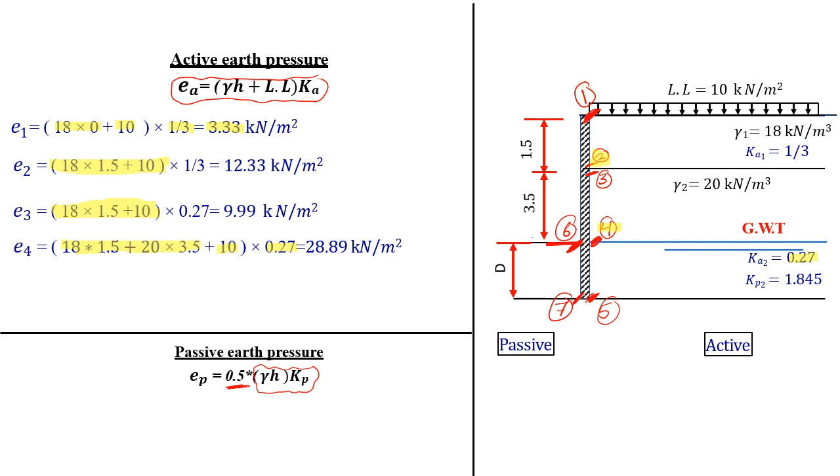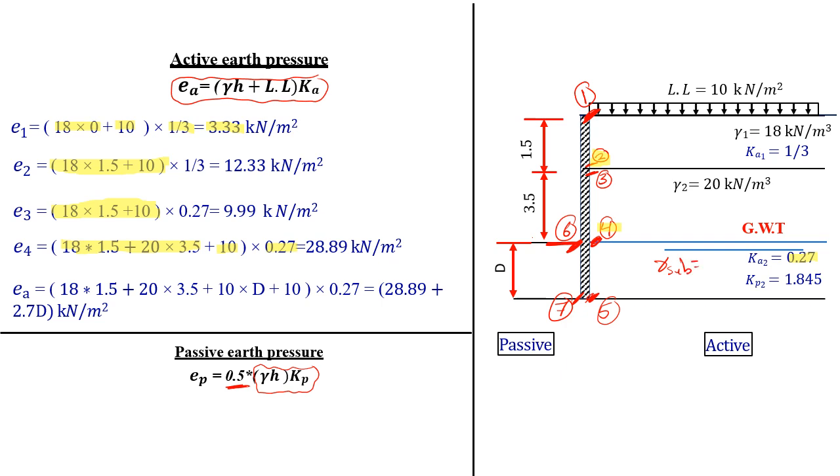Then for point number 5, at the bottom of your sheet pile, the effective vertical stress should be 18 times 1.5 plus 20 times 3.5 plus 10, because here below the groundwater table I will just take the submerged unit weight. It's 20 minus gamma water, and I assumed here that my unit weight of water is 10.